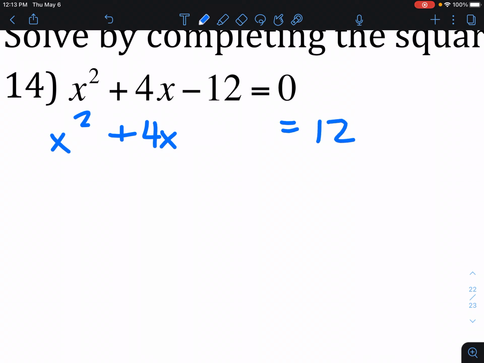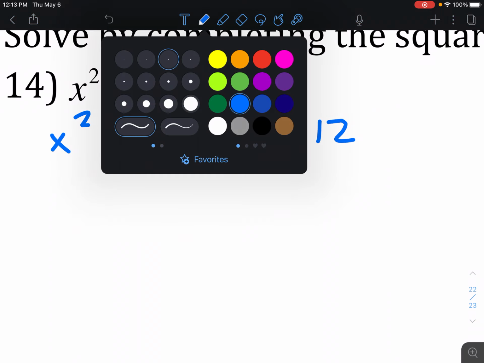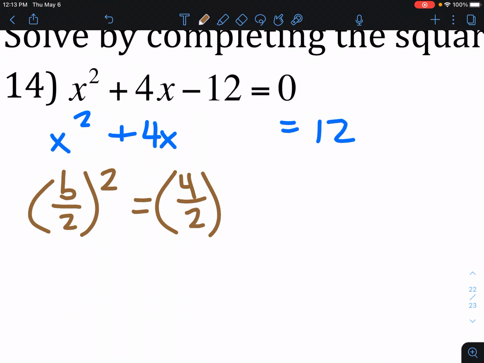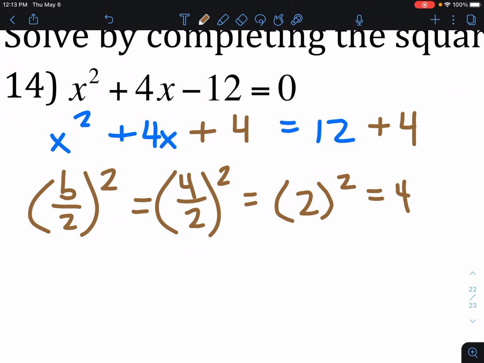Next, we have to do the b over 2 squared. Got to memorize that. The b is 4. So 4 divided by 2 is 2. Then 2 squared is 4. Remember that 4, we add that to both sides.